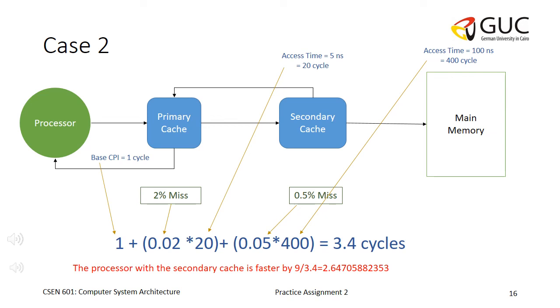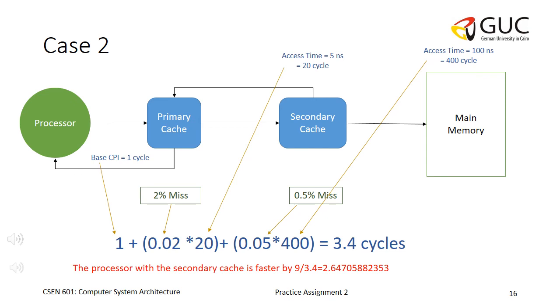The second part is when the primary cache doesn't have the data that the processor wants, it will have to go to the secondary cache. With what rate will this happen? It will happen with a rate of 2%, which is the miss rate of the primary cache, 0.02.